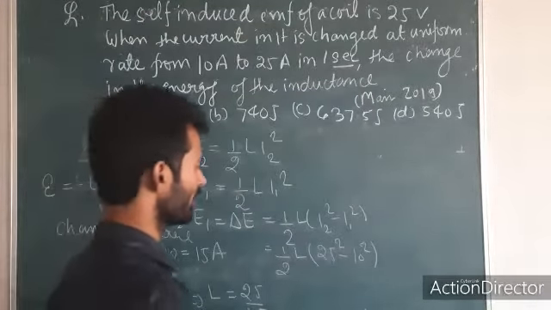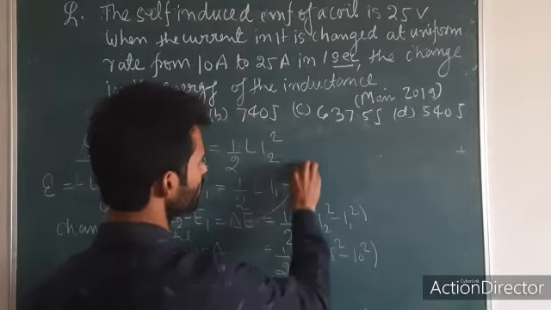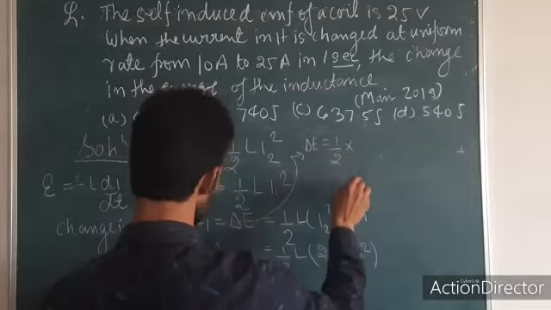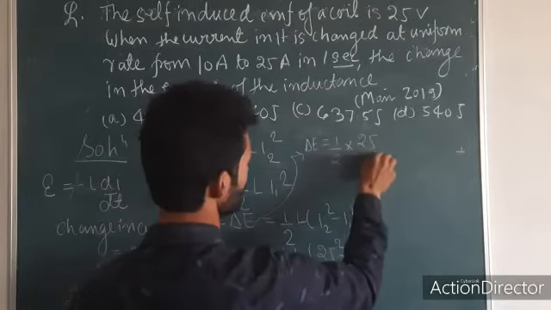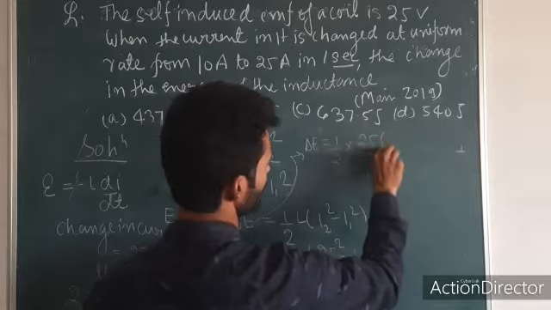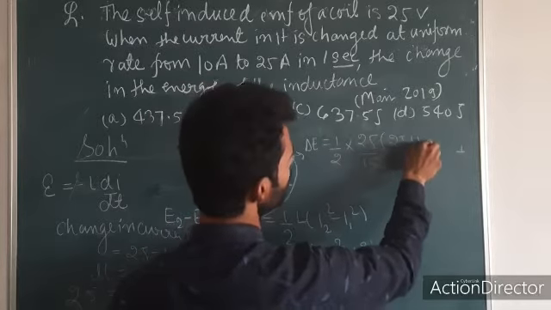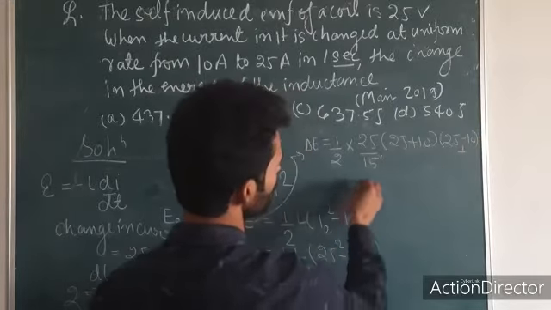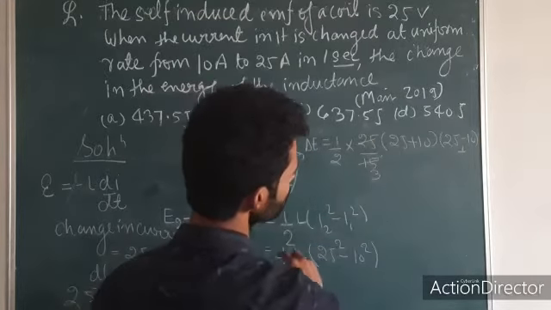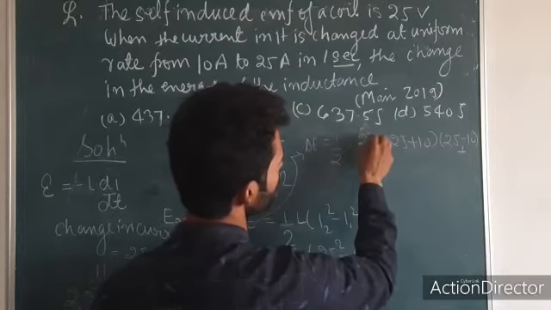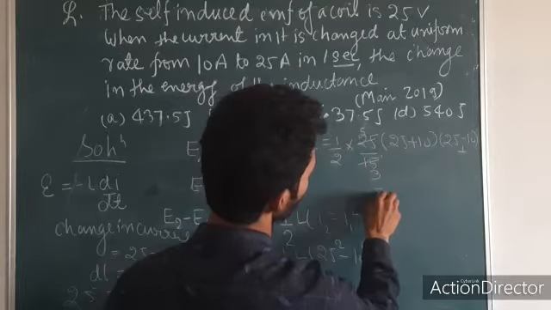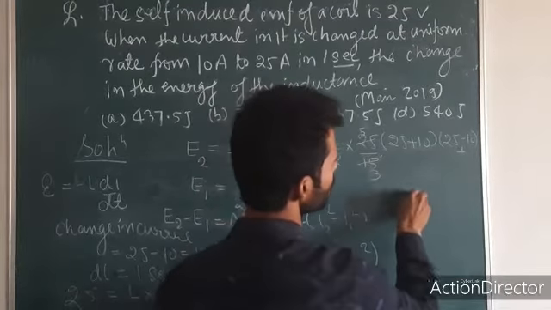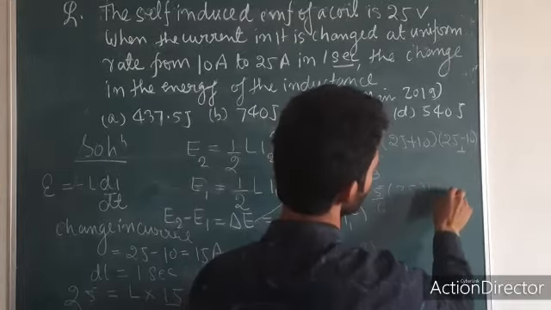Now putting this value in this equation, we get delta E is equal to 1 by 2 L means 25 by 15 into (25 plus 10) and (25 minus 10). 25 by 15 is 5 by 6, and 25 plus 10 is equal to 35, into 15.